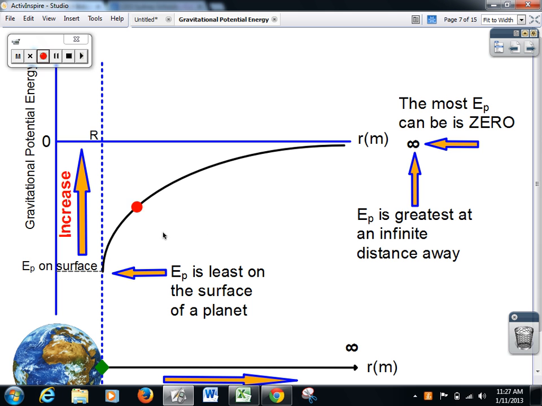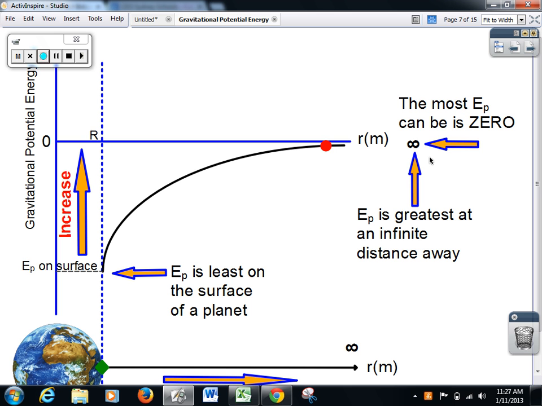It rises at its maximum value, and as it gets further and further away, the curve asymptotes horizontally to 0. So it becomes more and more 0. Okay? It will become 0 only at one point, an infinite distance away. Obviously, we can't be an infinite distance away, so it's a theoretical value only.